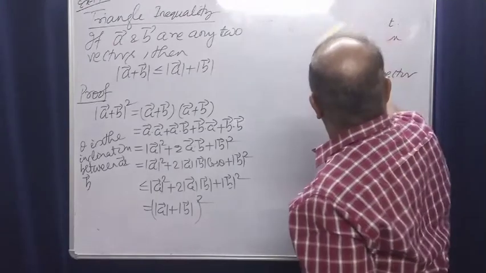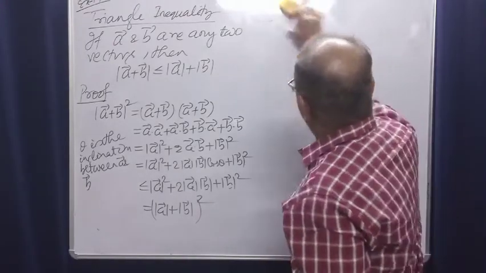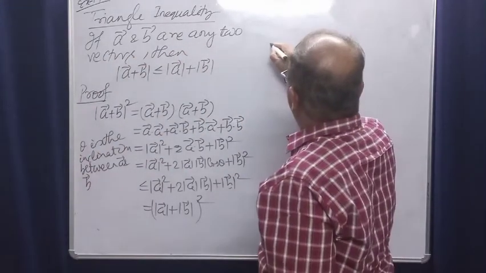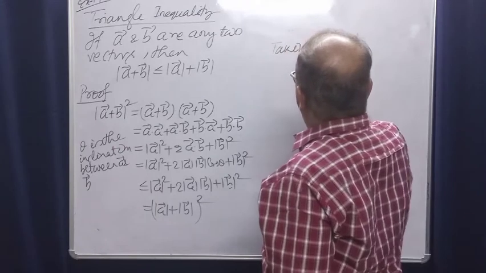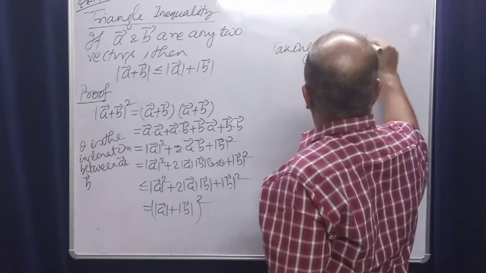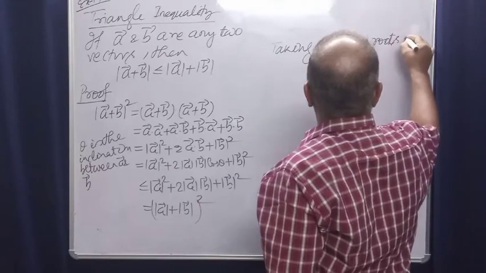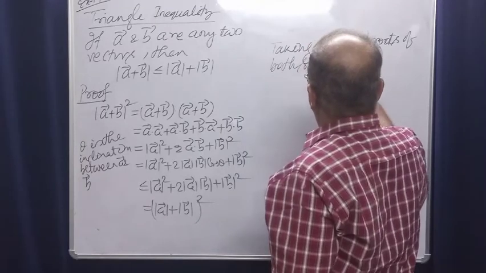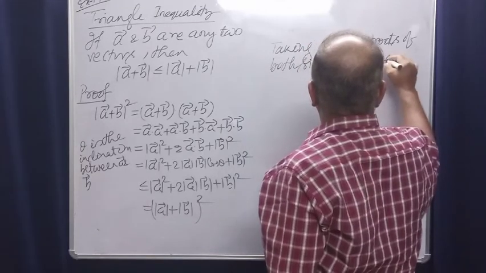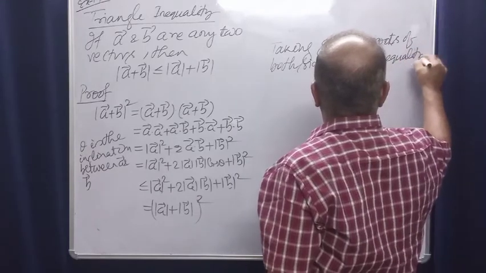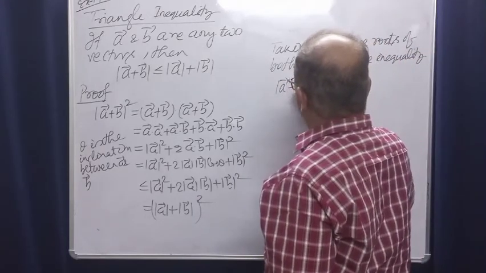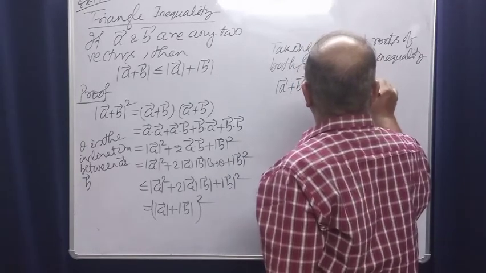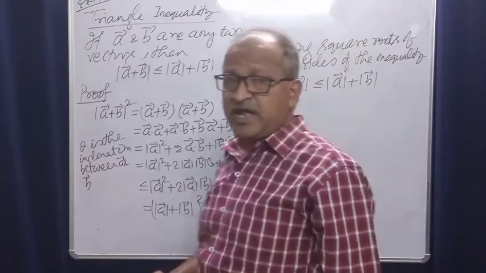So, if you take the square roots of both sides of the inequality, what will we get? Magnitude of A plus B is less than equal to magnitude of A plus magnitude of B. This is called triangle inequality.